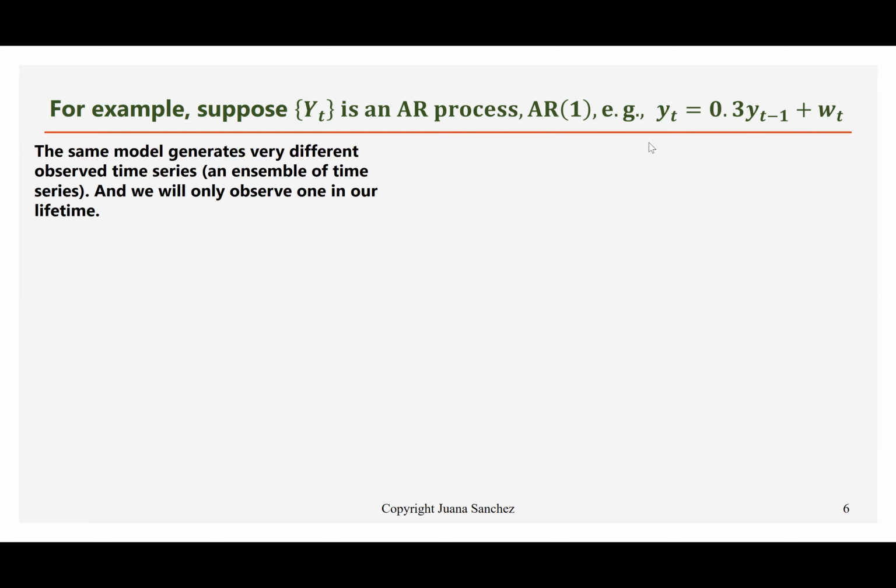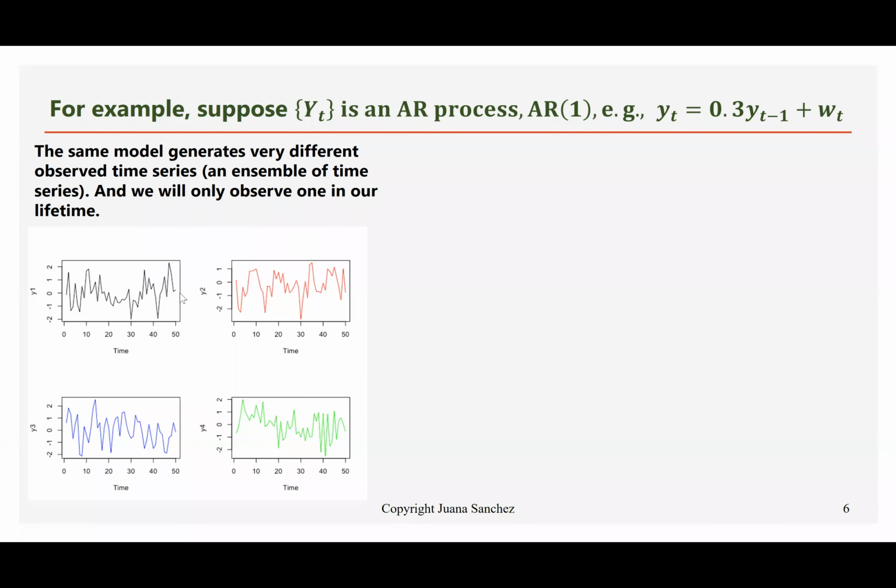Well, this model could generate many time series. It will depend on what the random process is. So for example, we could have all these very different time series generated by the same model. It could be y1, y2, y3, y4, and we have thousands more that could have been observed.